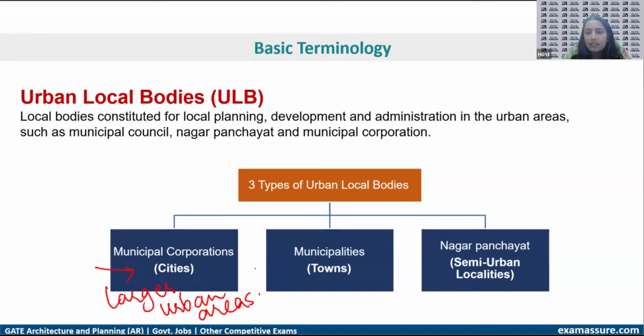You have municipalities or municipal councils that work at a smaller urban area or town, and Nagar Panchayat. As per the census of India, Nagar Panchayats are your urban local bodies that are formed to deal with areas in transition.